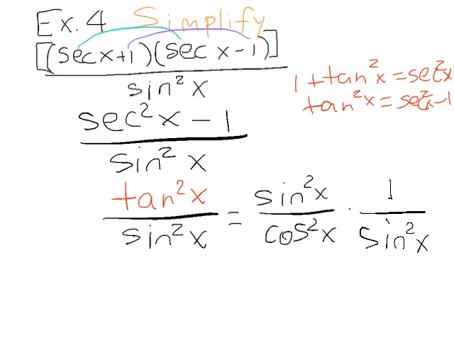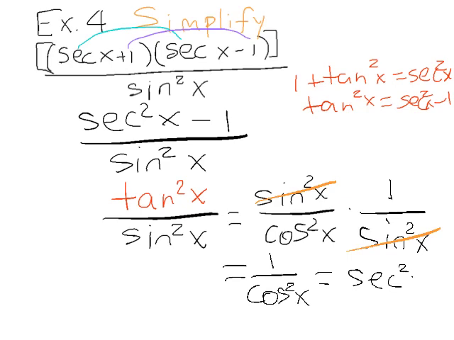Now, if you have the same thing on the top and the same thing on the bottom, you can cancel them out. They divide out. They go away. They reduce. And that leaves me with 1 over cosine squared x. And 1 over cosine squared x reduces us down to secant squared x.